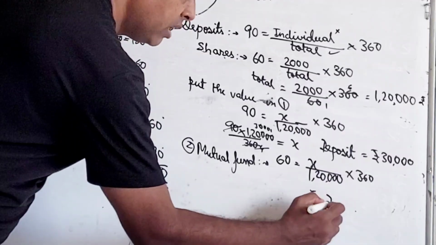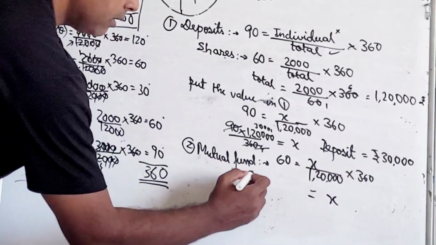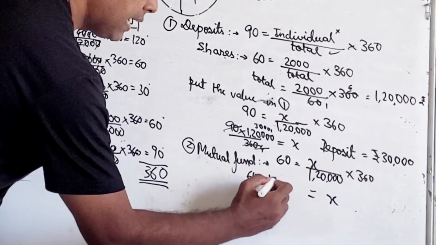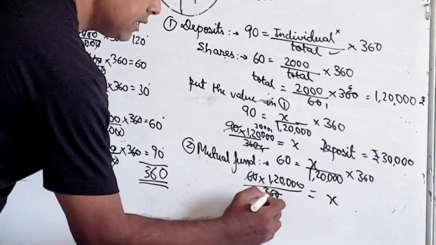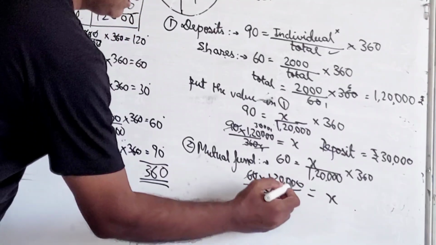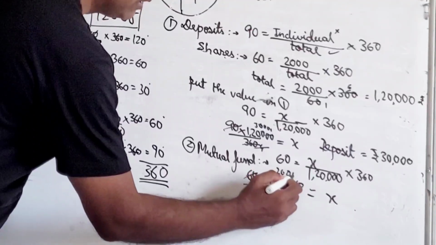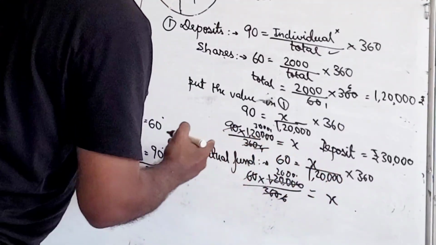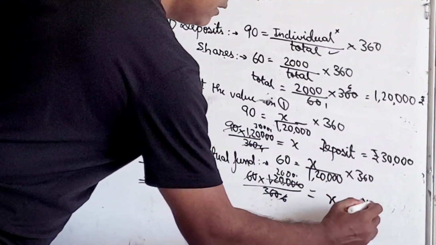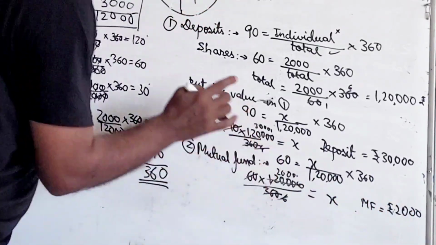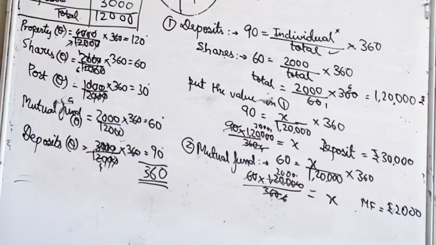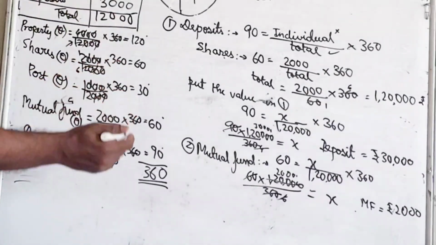So that will come to X into everything this side, 60 into 1,20,000 upon 360. 6 sixes are 36, so 2,000. So in mutual fund, 2,000 is invested. You can just check it. Mutual fund was 2,000.